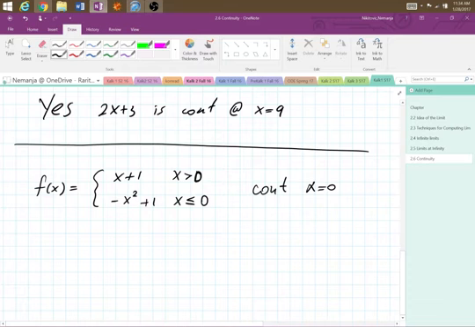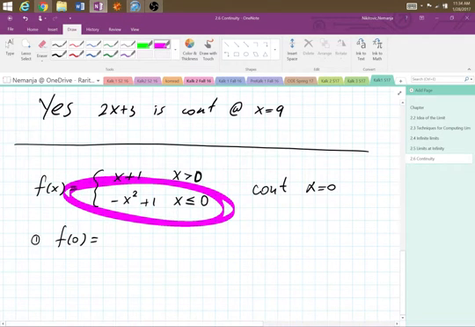So, the question is, does f of 0 exist? Can we compute f of 0? Yes, we can. And where is f of 0? 1. F of 0 is 1. Good. We will be computing f of 0 on this line because that has x equals 0.